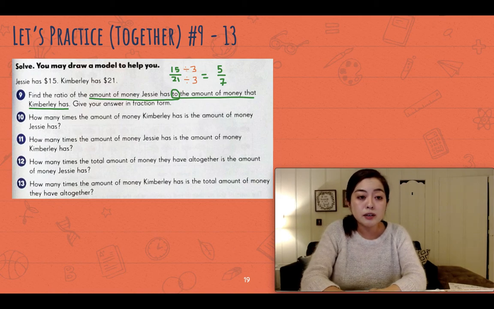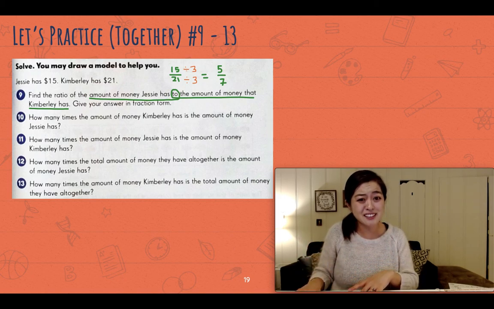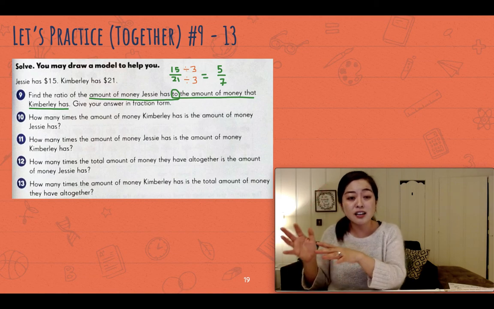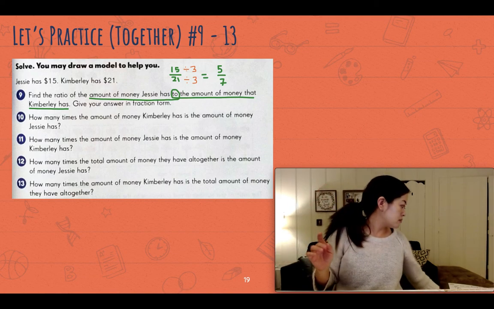Let's look at 10. How many times the amount of money Kimberly has is the amount of money Jesse has? So again, how would we answer the question? Jesse's amount is a fraction times Kimberly's amount.